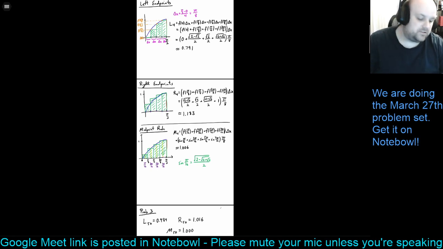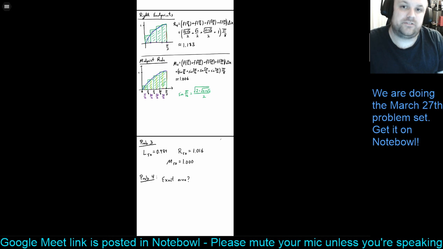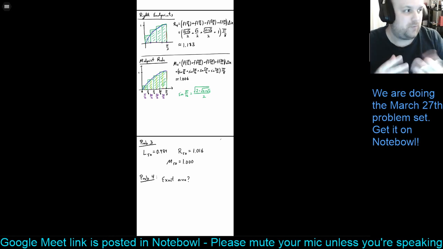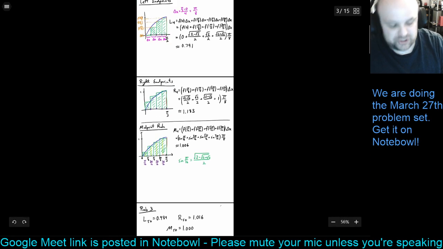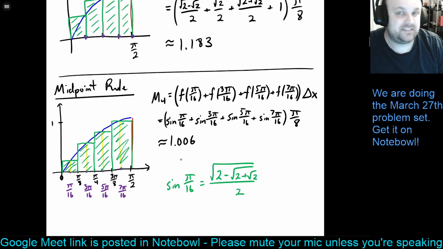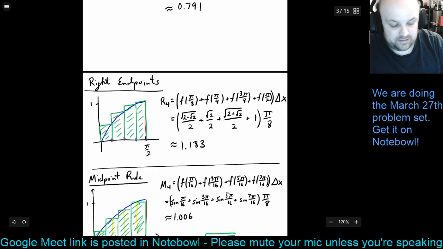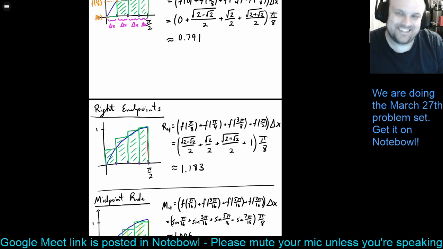Right? I also want to point out here, as additional evidence that the midpoint rule is way better. Let's look, when we did just 4 rectangles, the midpoint rule was correct to the second decimal place already, right? These ones are correct to no decimal places. They're not atrociously far, but they're correct to like no decimal places at all.